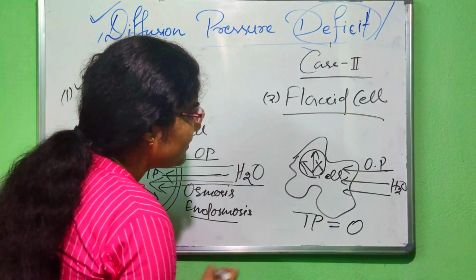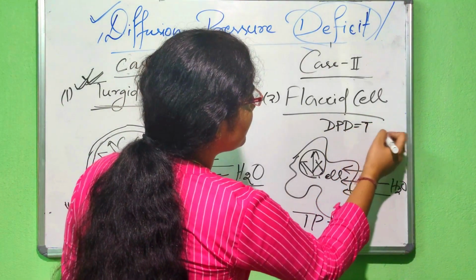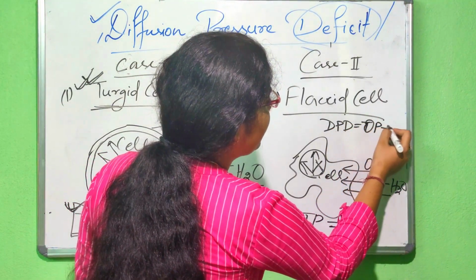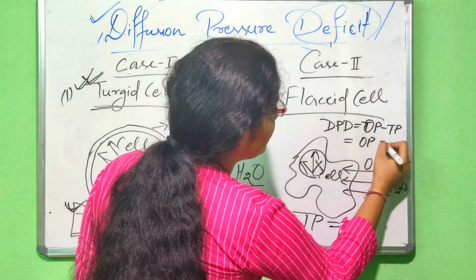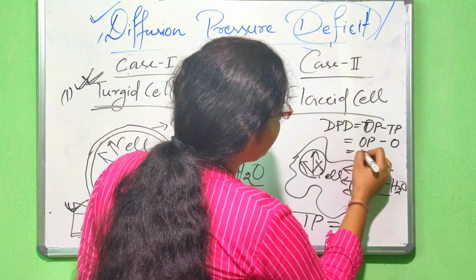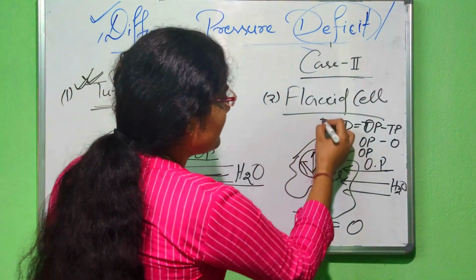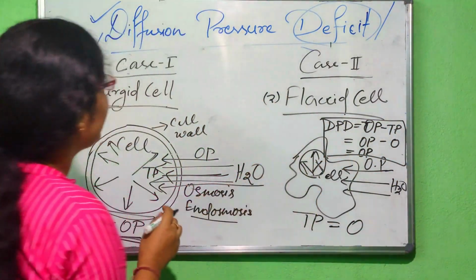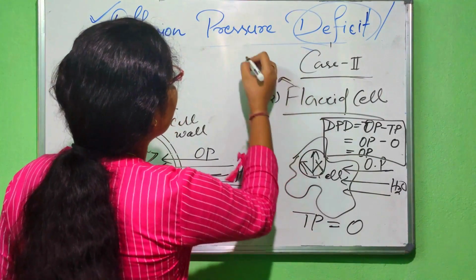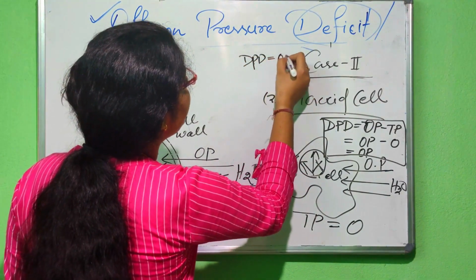Then what will be the DPD? We know that DPD is equal to OP minus TP. If TP is equal to 0, then DPD is equal to OP minus 0, which is OP. It is a formula. Here I write again: in the flaccid cell, DPD is equal to OP.